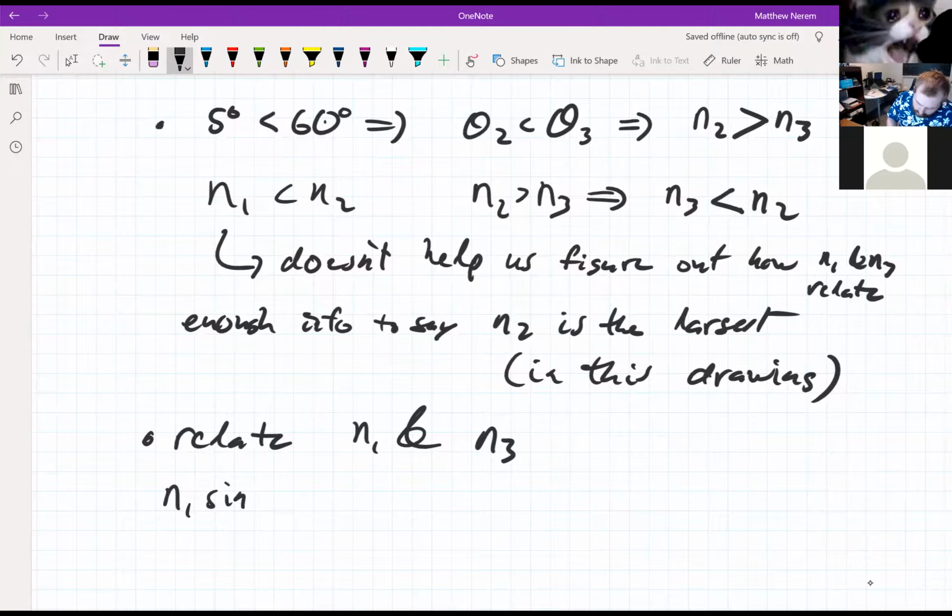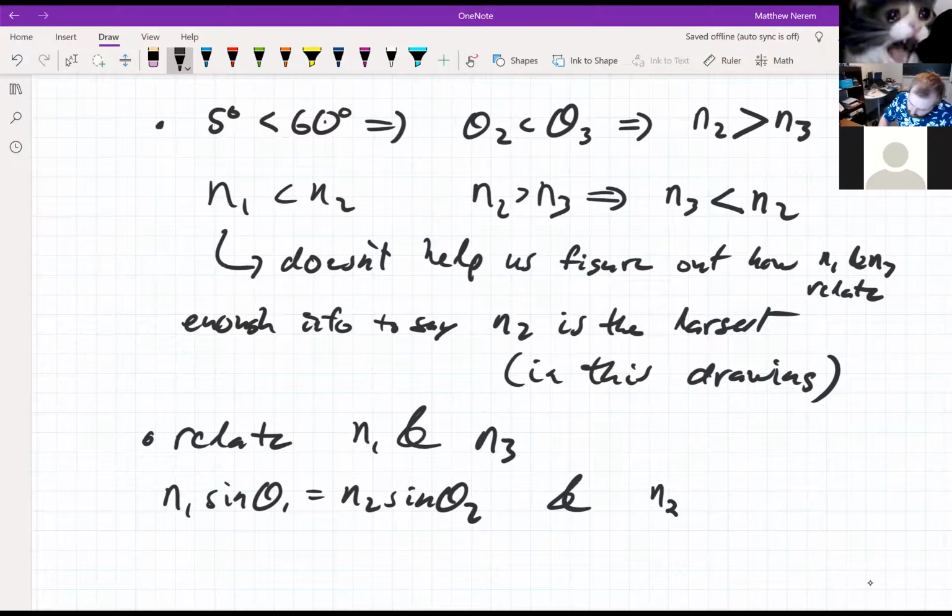So N1 sine theta 1 is N2 sine theta 2. And Snell's on the other side: N2 sine theta 2 is N3 sine theta 3.